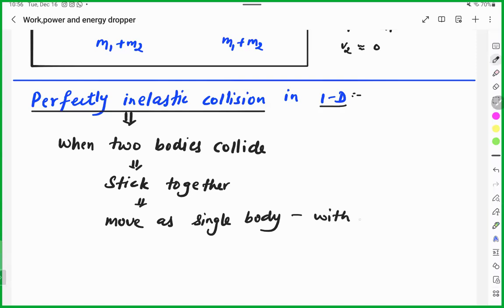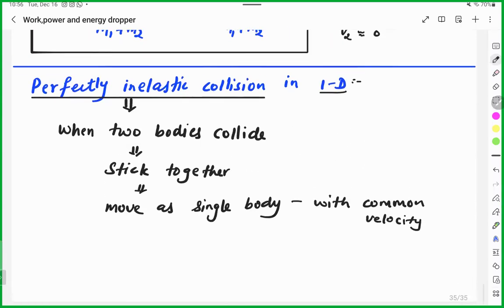We have seen a very recent question from this topic with common velocity. So you will say this is perfectly inelastic collision.